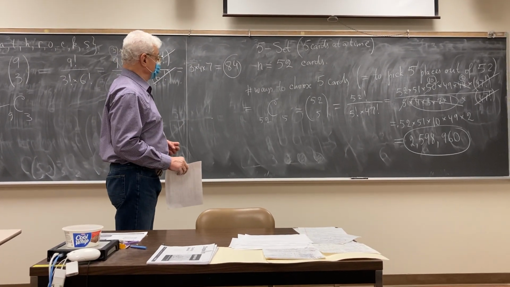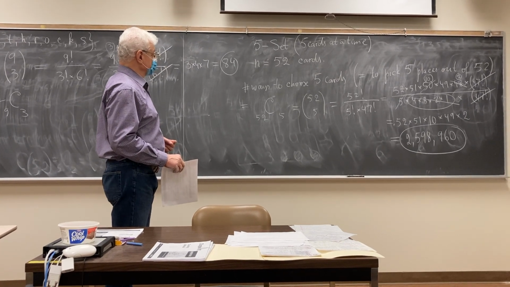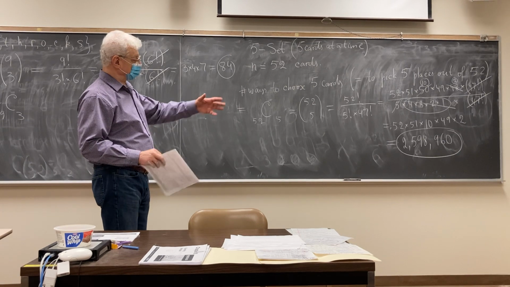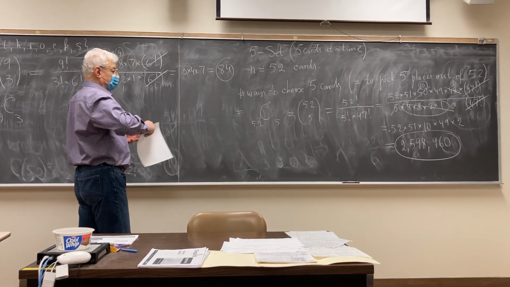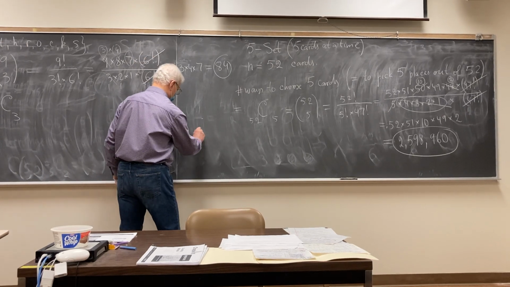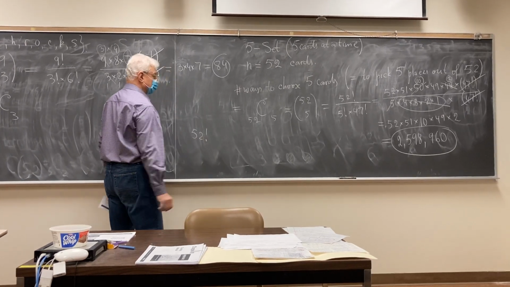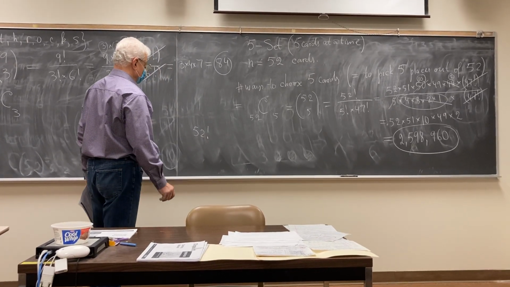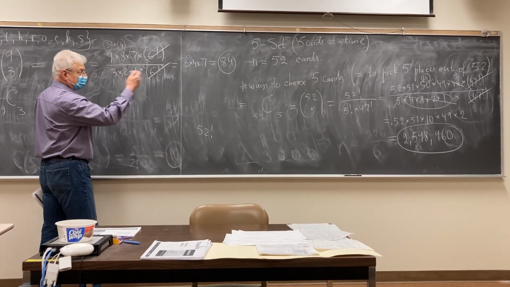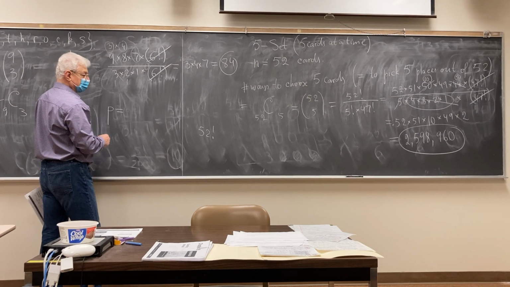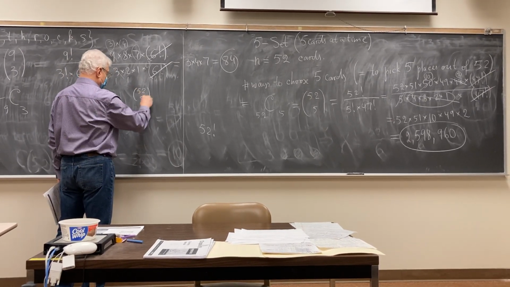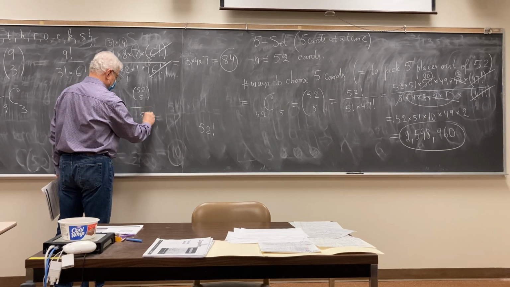By the way, the total number of ways to put 52 cards is 52 factorial, right? If you want to find the probability of a 5-card hand, you take 52 choose 5 and divide by 52 factorial.